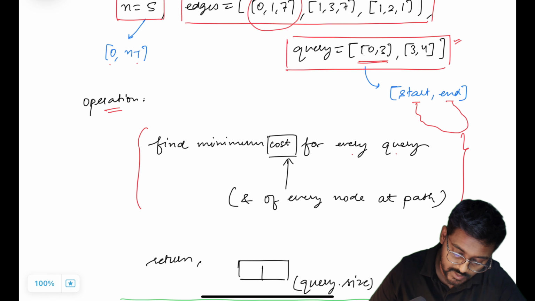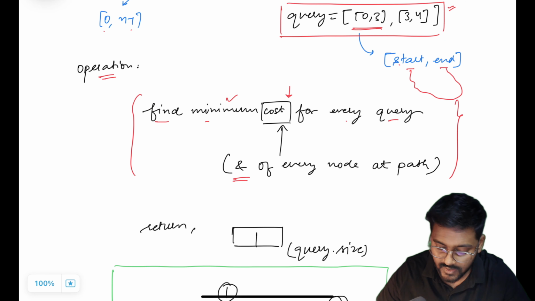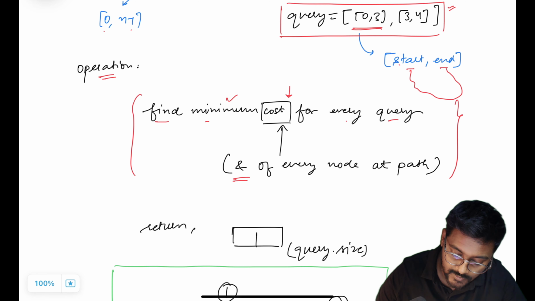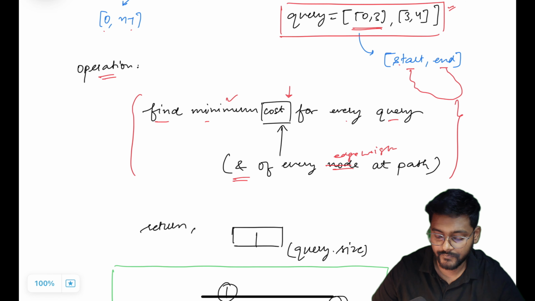You understand what a query is, starting and ending, and finding minimum cost. Minimum you understand. What is cost? Cost is the bitwise AND value of the weight of every edge on that path, right?